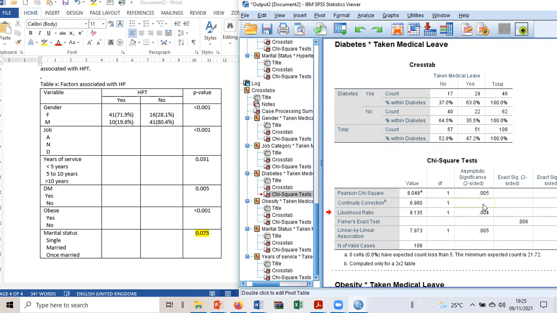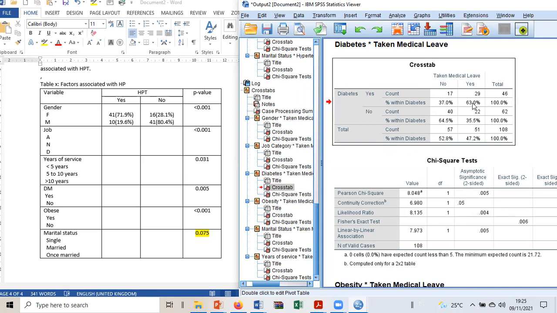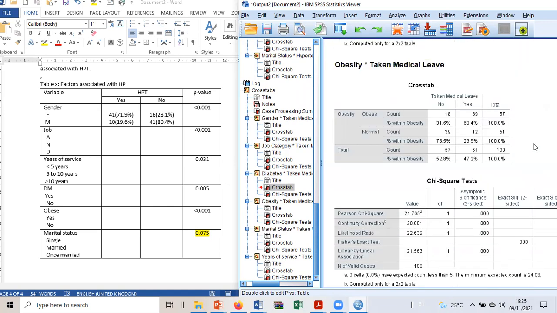Less than. Therefore, diabetics take more MC compared to non-diabetics. Next, obesity.